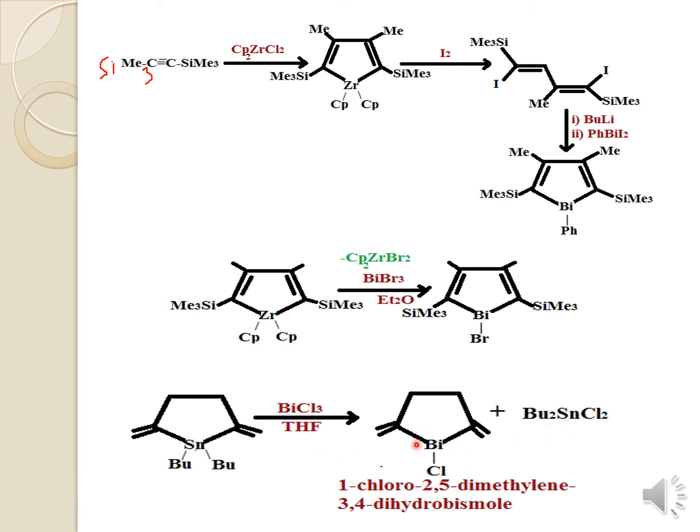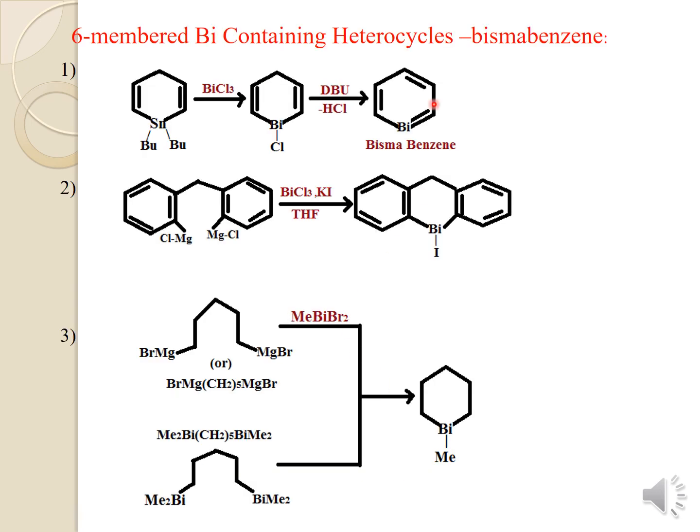Butyl tin dichloride with the tin metal will get cleaved out, resulting in this 1-chloro-2,5-dimethylene. Moving on to the next slide, the 6-membered bismuth-containing heterocycles, that is your bismabenzene.